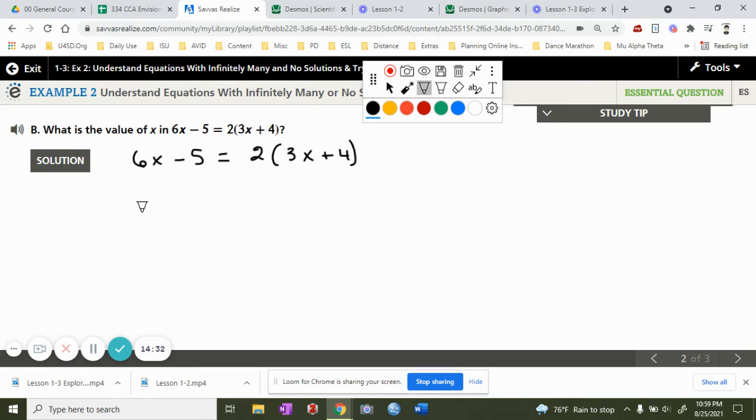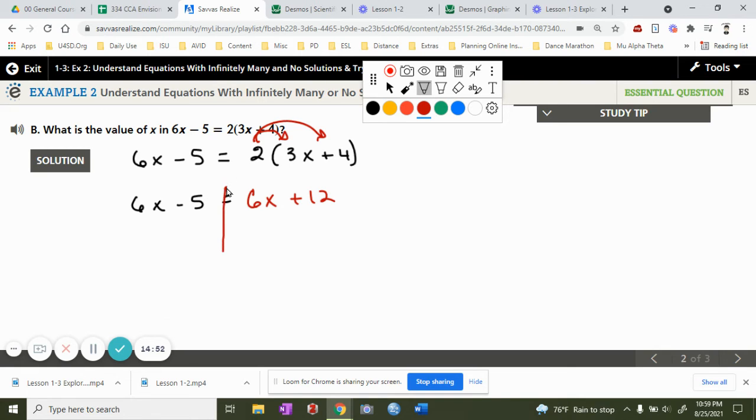So I'm going to begin this the same way I did on the previous screen. 6x minus 5. And then I'm going to distribute my 2. So I have 2 times 3x to get 6x. And 2 times 4 is 12.